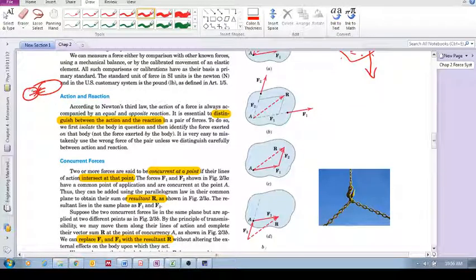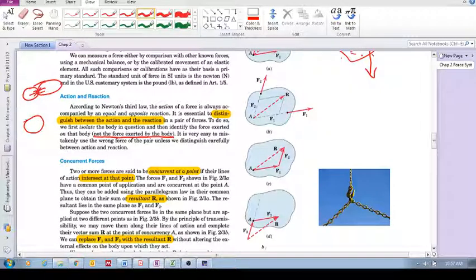Because if we're analyzing the forces on this object, you must not mistake or confuse which of these forces is acting on the body. Remember, if we draw a free body diagram, which we'll get to at some point, do not draw the forces exerted by the body, which would be that one there.